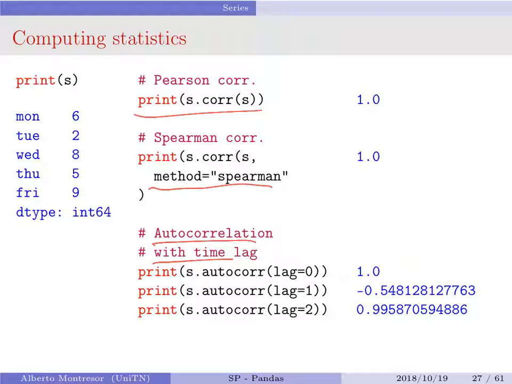It means that you consider a series and then another series which is shifted, so for example, this is 6, 2, 8, 5, 9, with a lag of 1 is 6, 2, 8, 5, and with a lag of 2 is 6, 2, 8, 5, 9.